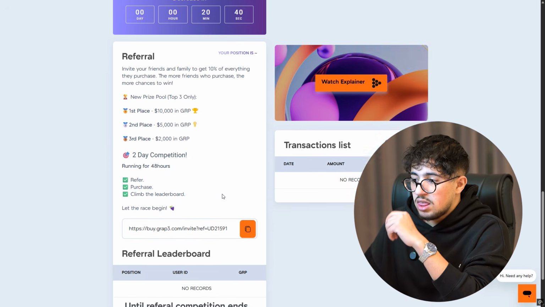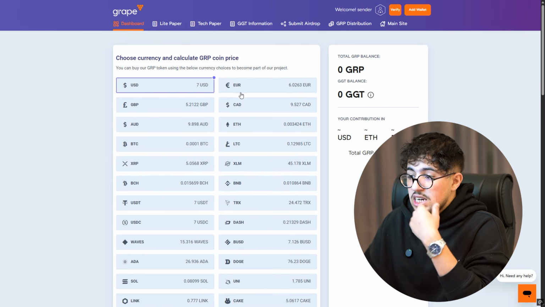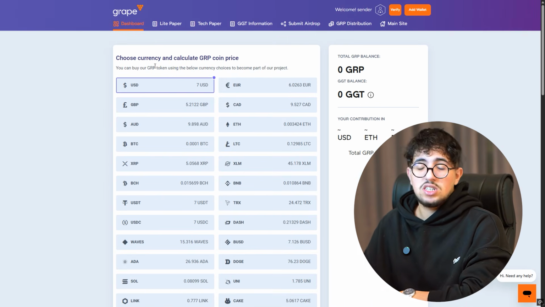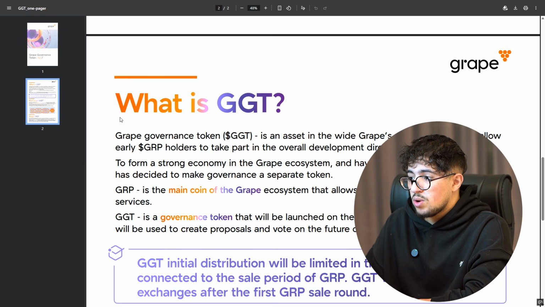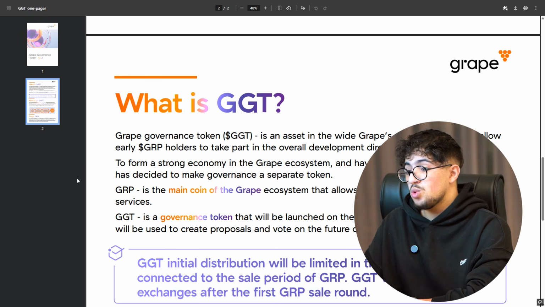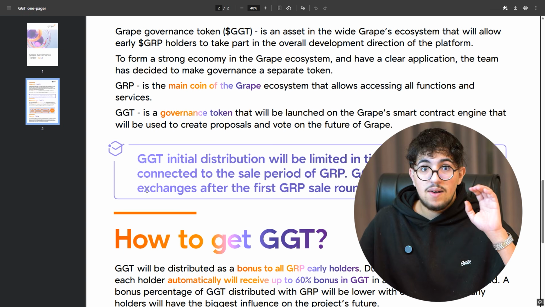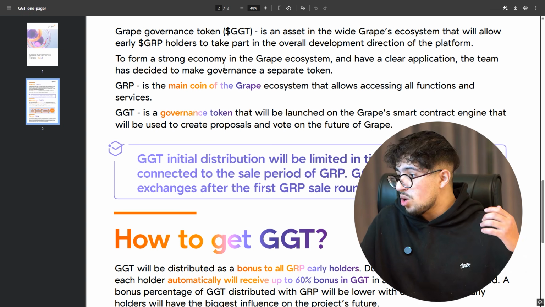GGT holders vote on things like exchange listings, strategy upgrades, and ecosystem direction. So if you are a holder of GGT, you have the right to vote on exchange listings, strategic upgrades, and ecosystem decisions. It's like being one of the owners of the project. The governance is designed to be controlled by token holders rather than the team.